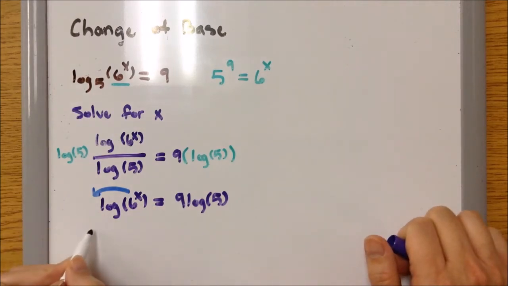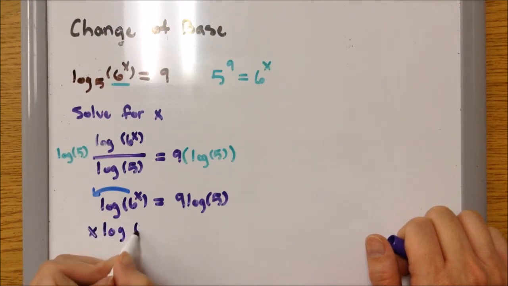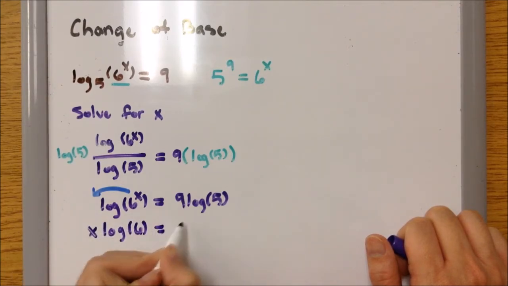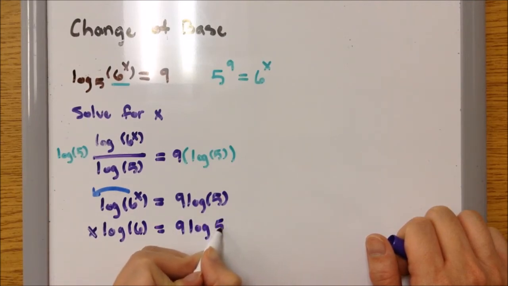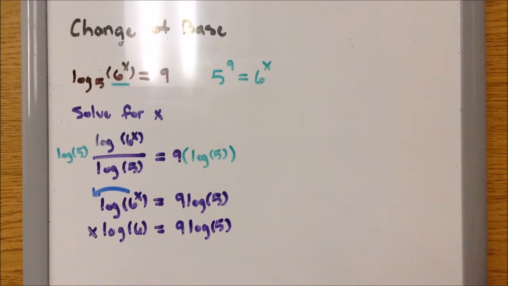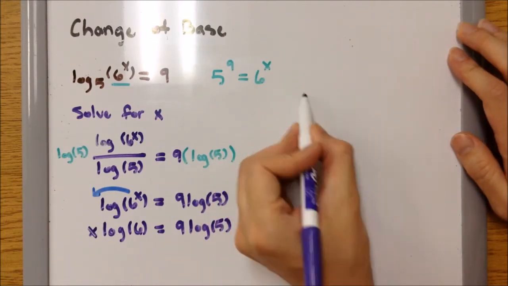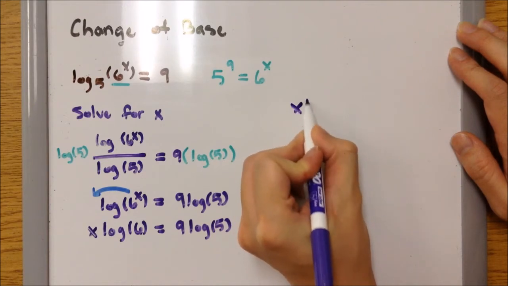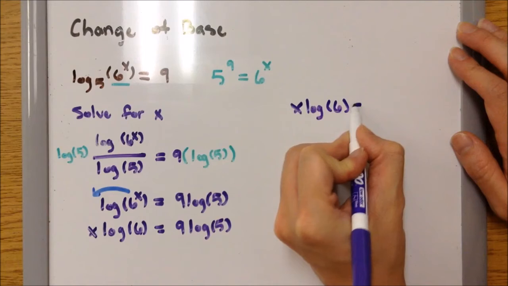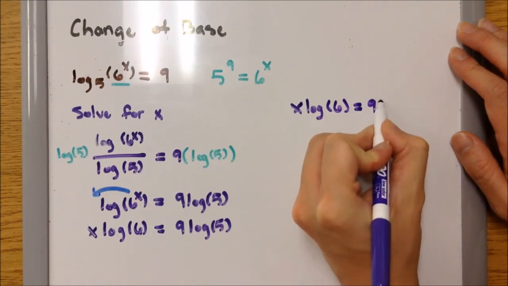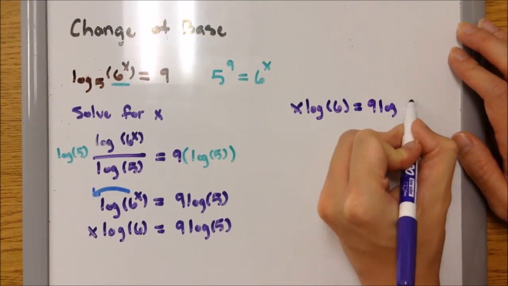So it's going to be x log of 6 equals 9 log of 5. And I'm going to write up here for more space. So x log of 6 equals 9 log of 5.